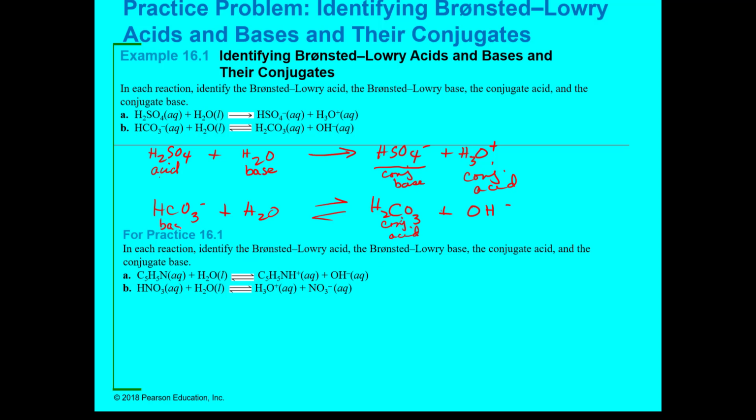This was the base. So that must be the acid, and that must be the base. You could figure that out easily because OH minus is obviously going to be a base. So easy as that. You just identify which one is going to be the acid, base, and conjugate acid. These are according to Bronsted-Lowry. And so there's a practice for you. If you want to stop and work that now, you can, or you can wait and do it later.